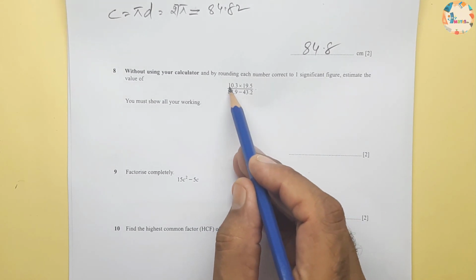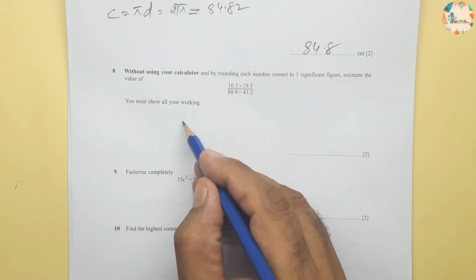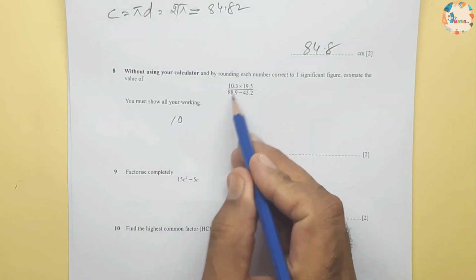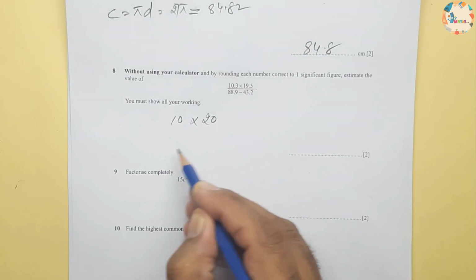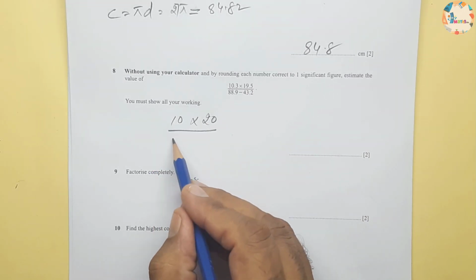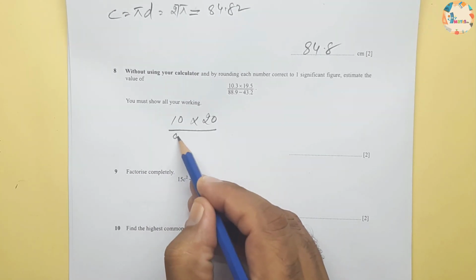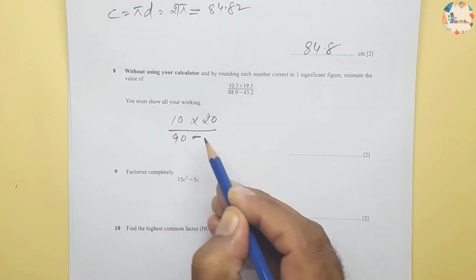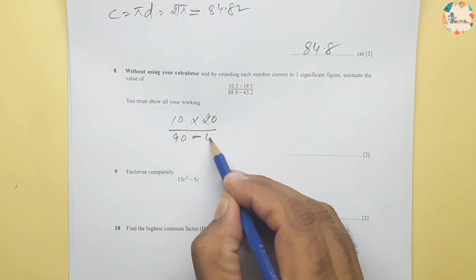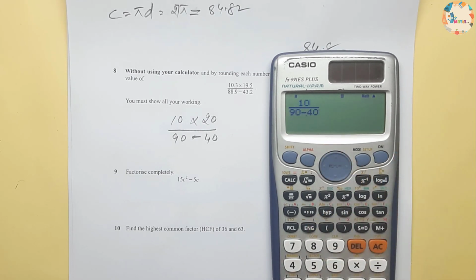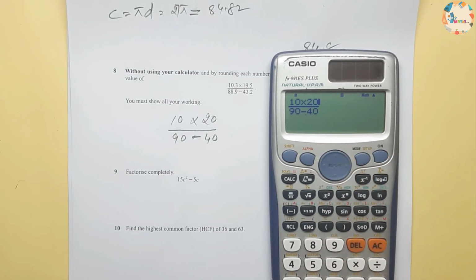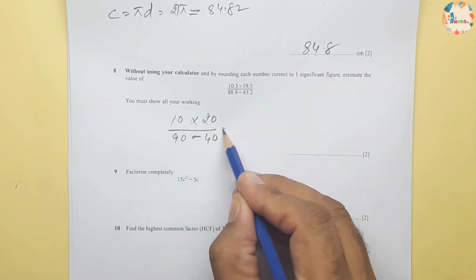So to one significant figure this will be 10, and this one will be 20, because 19 will be rounded to 20, and divided by 90 minus 40. The numerator is multiplied by 20. So the answer will be 4.